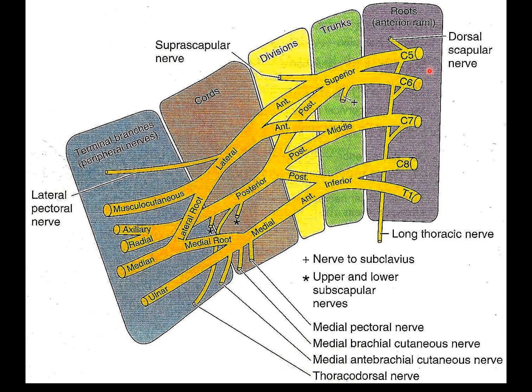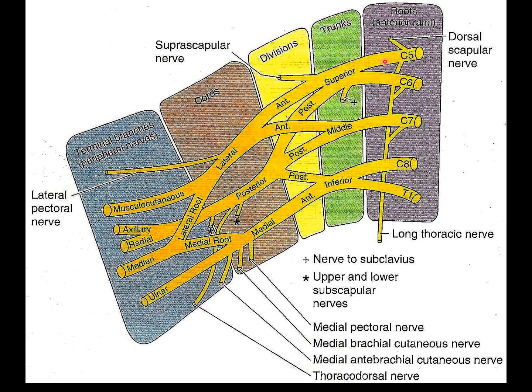And where they are coming from, we have discussed: they are coming from the anterior rami or anterior divisions of the spinal nerves. Initially, in the second picture, we discussed this point, that every spinal nerve divides into two, anterior and posterior divisions. So what we are looking at here are the anterior rami or anterior divisions of these spinal nerves. So they come out.